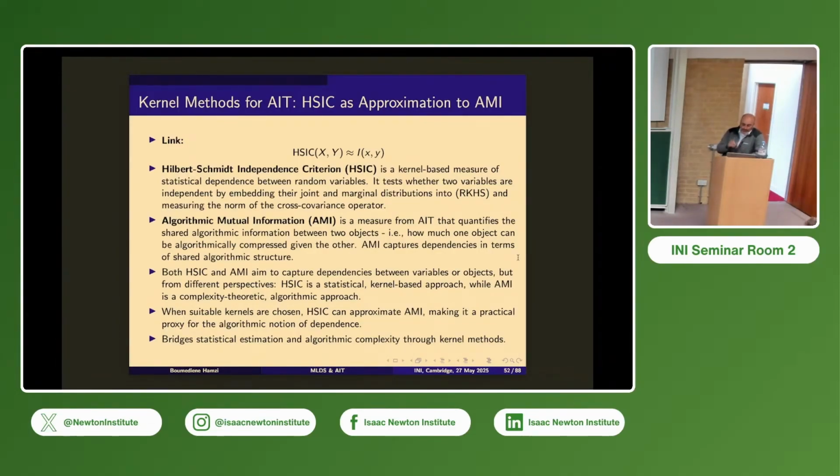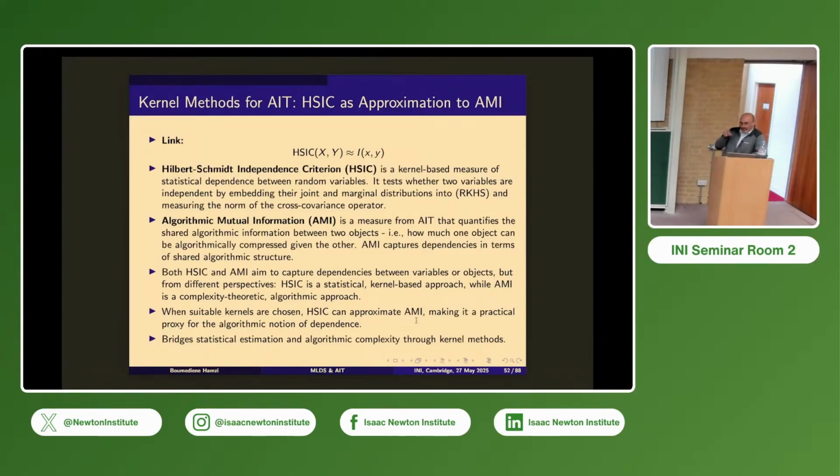So it's natural to see if there is a way to find kernels that link the two, and that's exactly the kernels that I talked about at the beginning. By choosing suitable kernels, HSIC can approximate AMI, making it a practical proxy for the algorithmic notion of dependence.